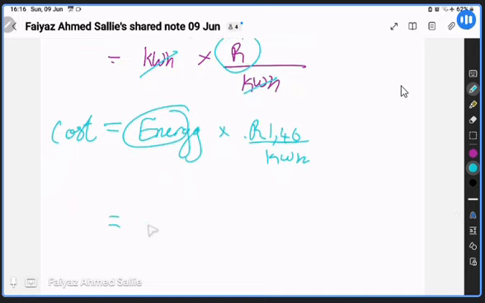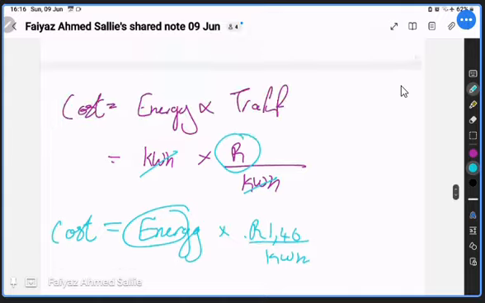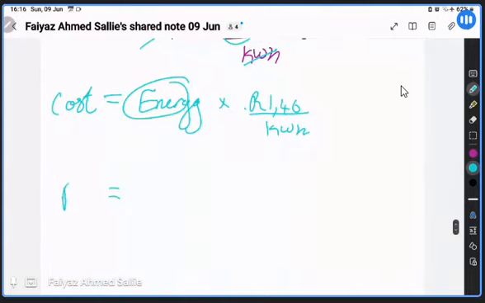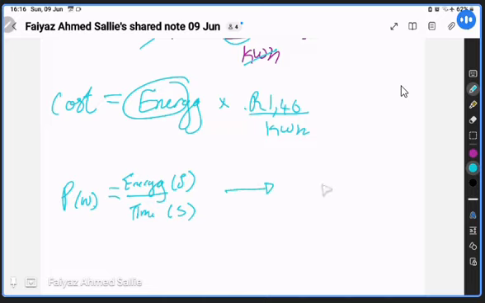So to get energy, we know that power is equal to energy over time. So this is in joules, this is in seconds, this is in watts. So we want our answer to be power times time equals energy.